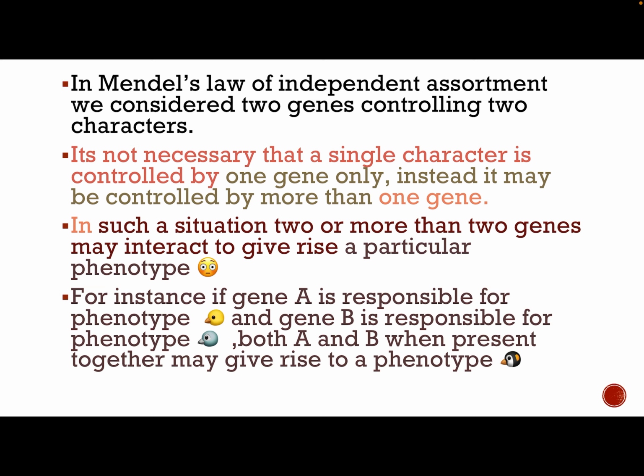There, one gene was controlling one character and one gene had two alleles. But here we are talking about two or more genes at one time affecting only one character. That is the difference. For instance, if gene A is responsible for phenotype yellow and gene B is responsible for phenotype gray, both A and B when present together may give rise to a different phenotype. That is not gray, not yellow, it may be different.